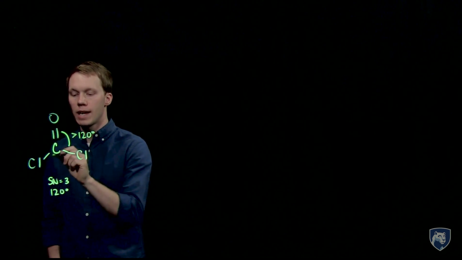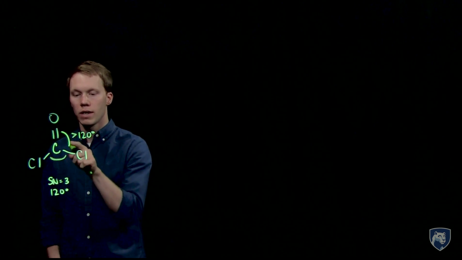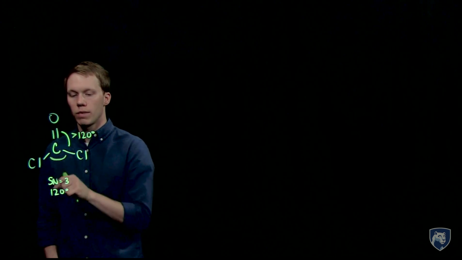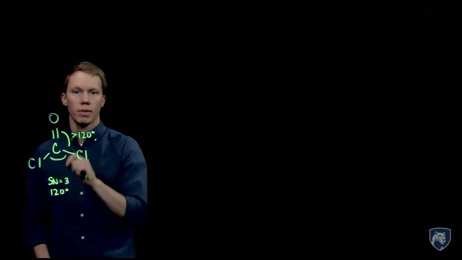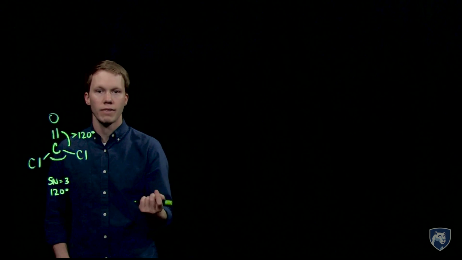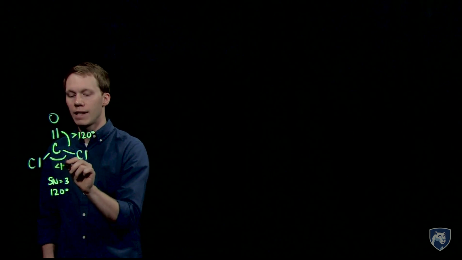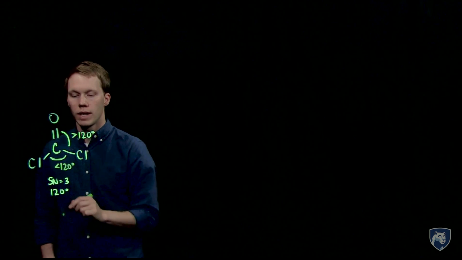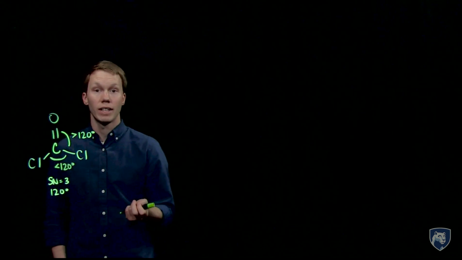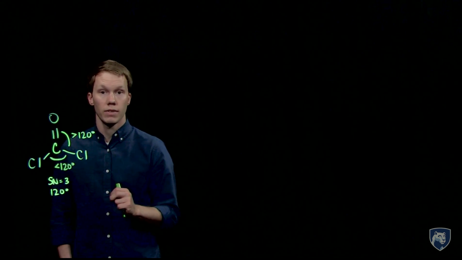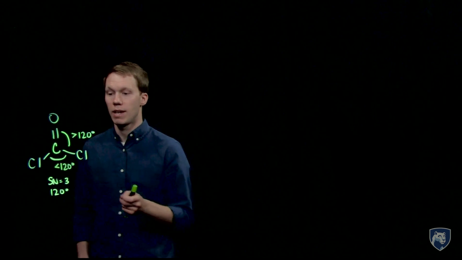Now, what would be the case for this angle down here? If this is greater, how about this one below? Well, the fact that that's larger, and we know that this has to make up a circle, right? So the angles all have to add up to 360 degrees. So this angle would have to be less than 120 degrees. And if I check my sources here, it's 111.4 degrees. So that's quite a big difference from ideal behavior.